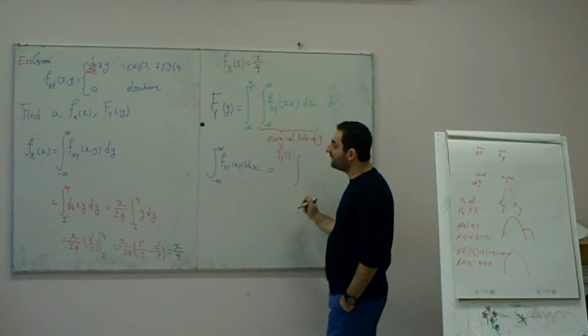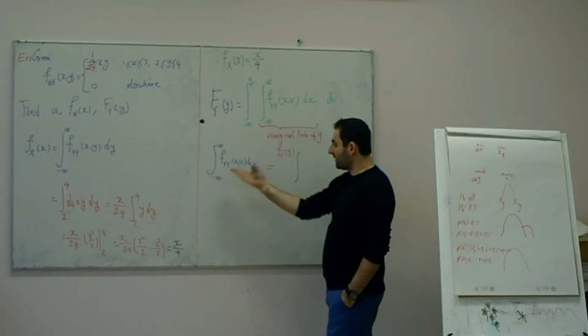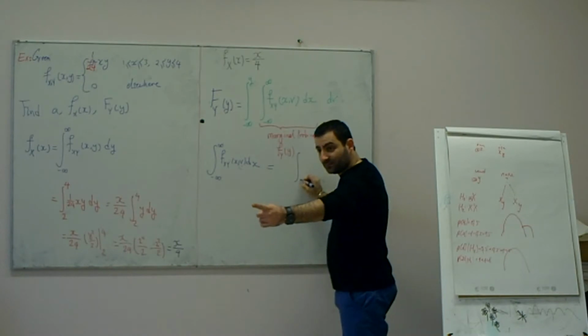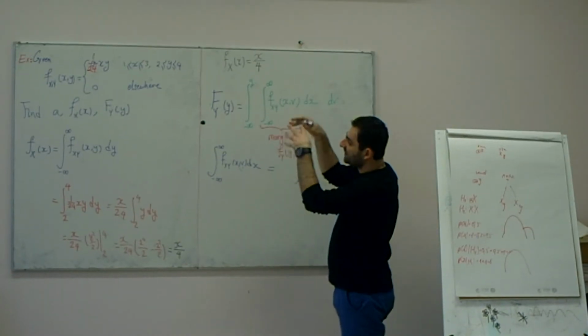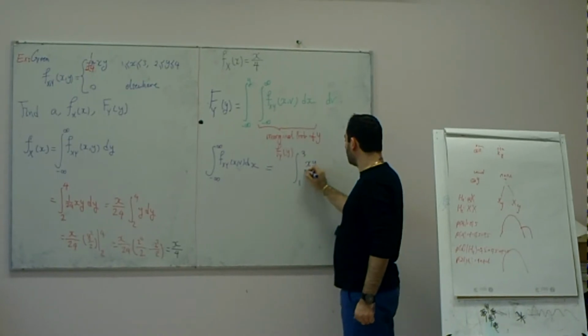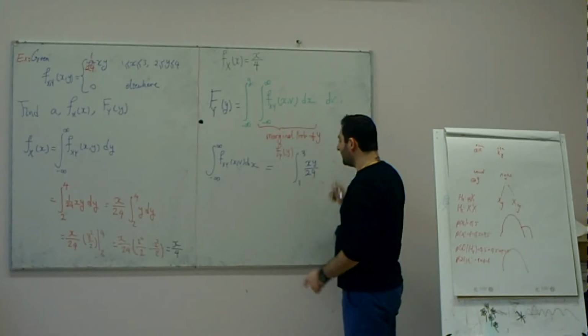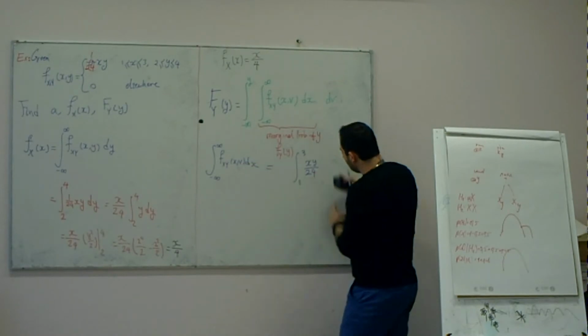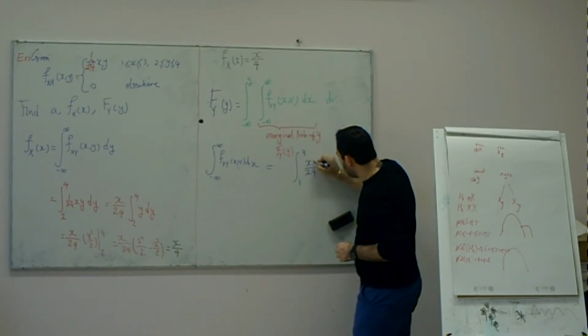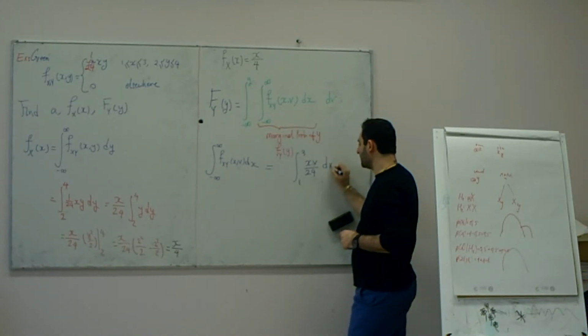From minus infinity to plus infinity, what can we say about the joint? Yes, it's from 1 to 3, because the rest is 0. 1 over xy over 24. Now, because I am using v here, the variable y will be v, of dx.